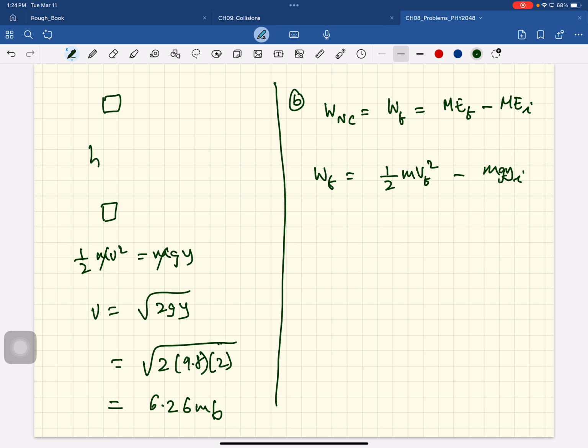So that's 1/2 m. The mass of the block is 10 kgs. Its final velocity was 5.3 meters per second. Minus 10 kgs times 9.8 meters per second square, and the initial height was 2 meters.